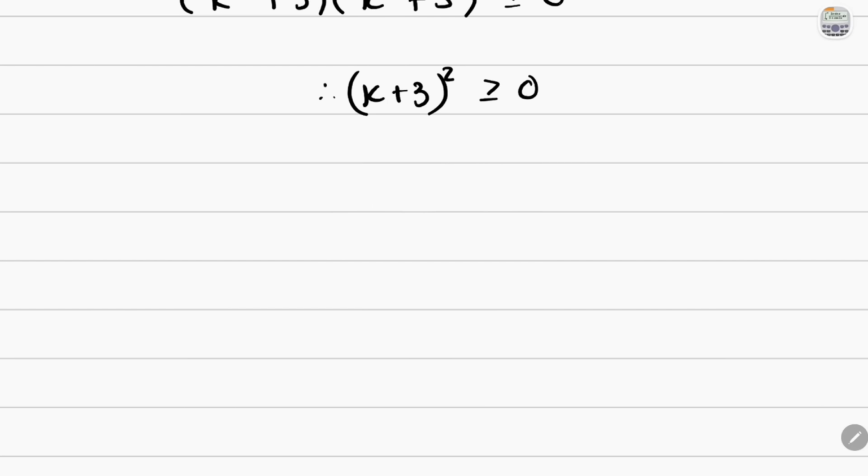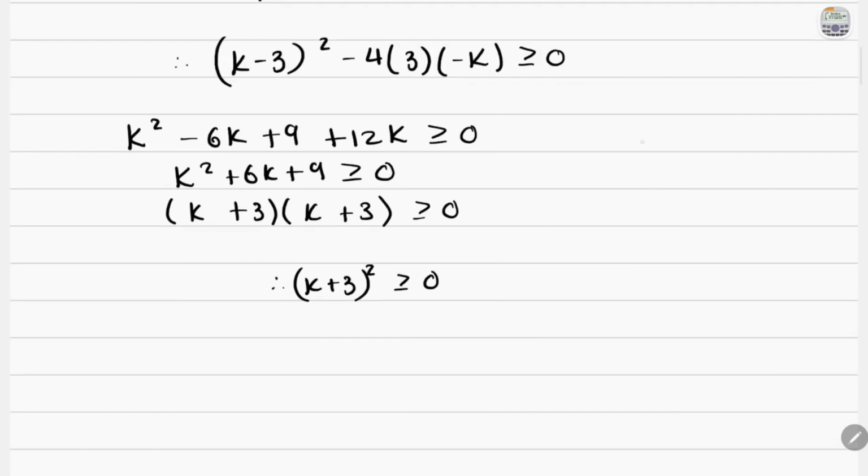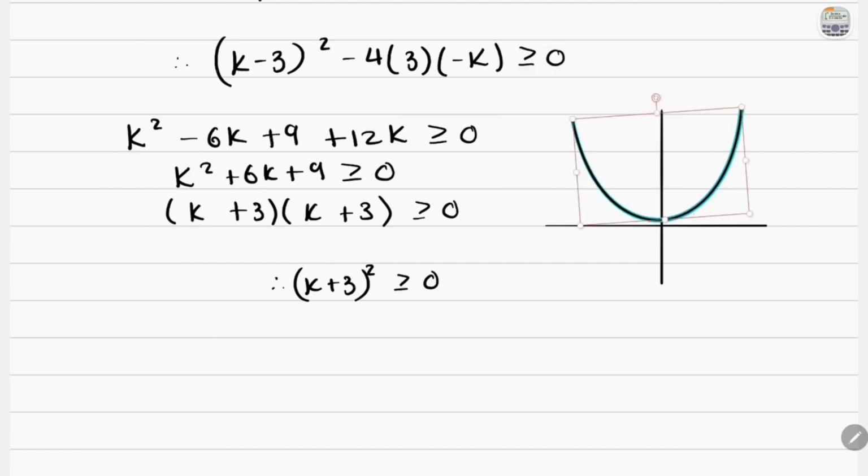So here's a graphical explanation. You see, we have (k plus 3) all squared is greater than or equal to 0. This is actually the case with equal roots. So here's what it looks like. If we draw a graph, the parabola is a concave-up parabola because we had k squared. We have this x-intercept at negative 3.